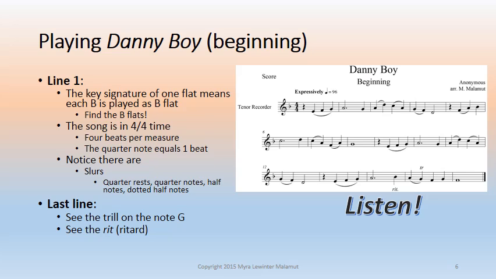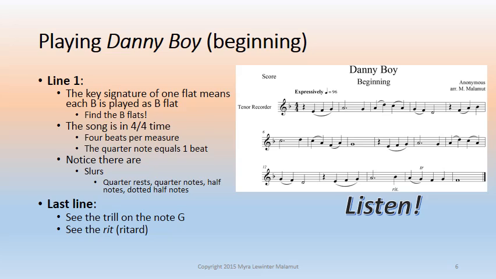Next, the song is in 4/4 time. That means 4 beats per measure, right? And we can say 4 quarters time, so the quarter note equals 1 beat. Notice there are a lot of slurs.